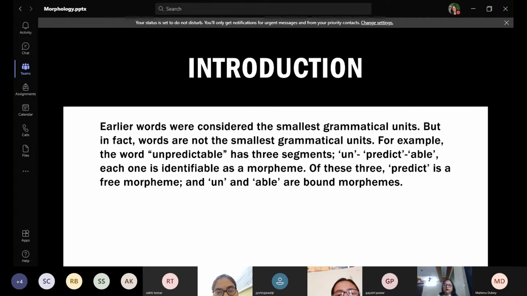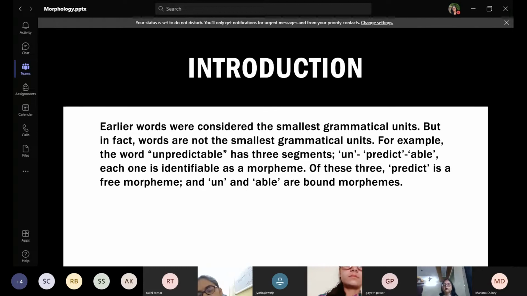And the morphemes that are attached to that word are bound morphemes. If unpredictable is one word, it has three morphemes, of which predict, which has dictionary meaning, is a free morpheme, and un and able, which are attached to it, are bound morphemes.